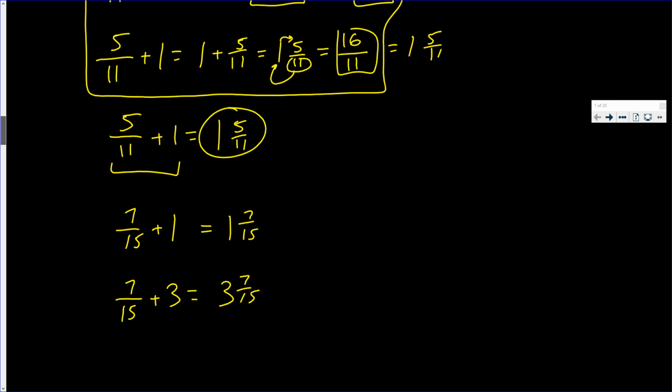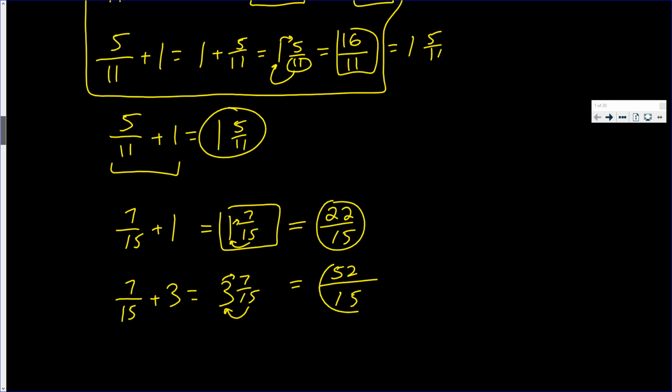Even if you want to write it as a fraction, it's not so bad to go this way, because then you can go 15 times 1 is 15, plus 7 is 22. Over here, you can go 15 times 3 is 45, plus 7 is 52. And then you get it as a fraction, which you should attempt to reduce if possible.